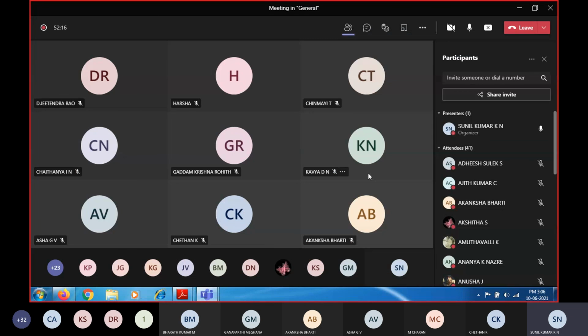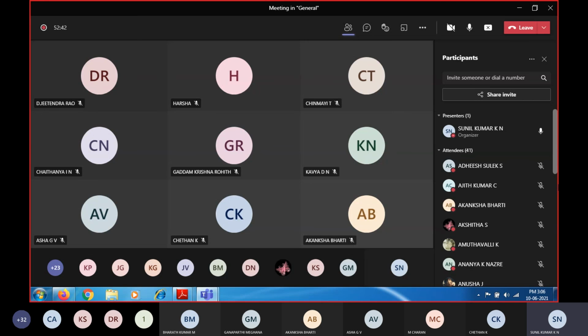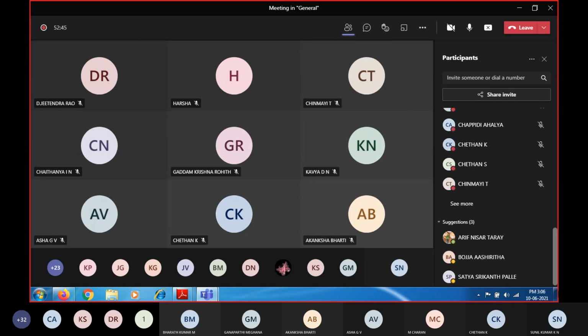Any doubts? Whether people are understanding or what? Hello, students, whether you people are sleeping or what? Kavya, Chinmay, Umutavali, Ashrita.